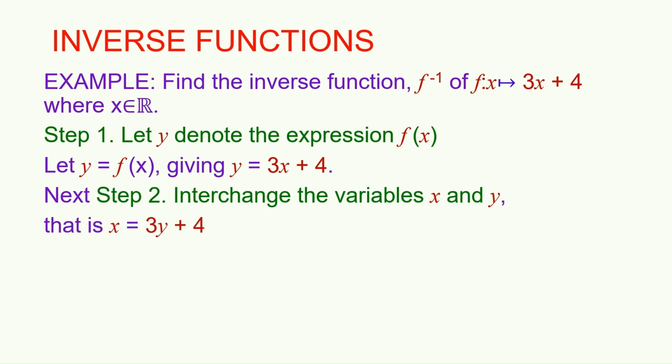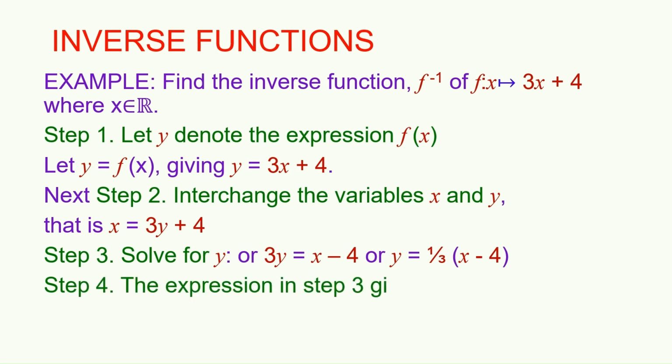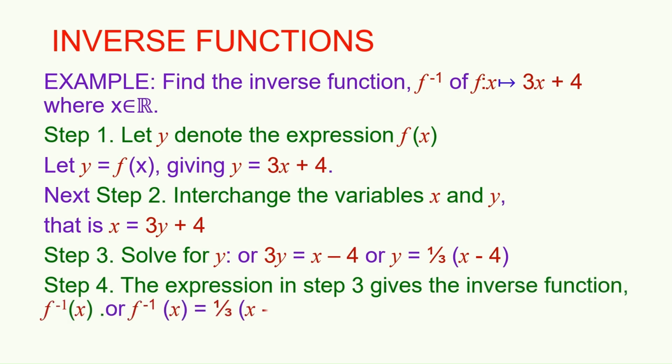Step 3. Solve for y: 3y equals x minus 4, or y equals 1/3 times x minus 4. Step 4. The expression in step 3 gives the inverse function f inverse of x. Therefore, f inverse of x equals 1/3 times x minus 4.